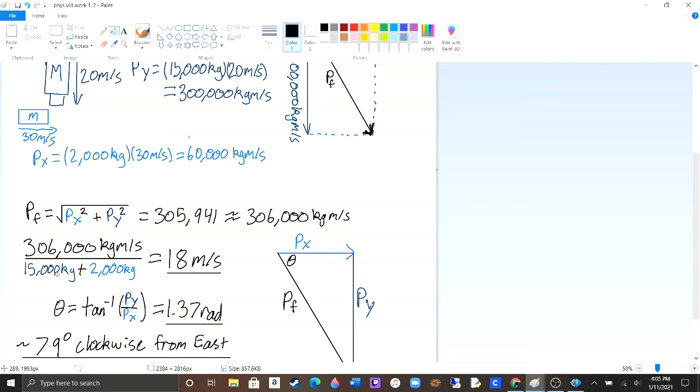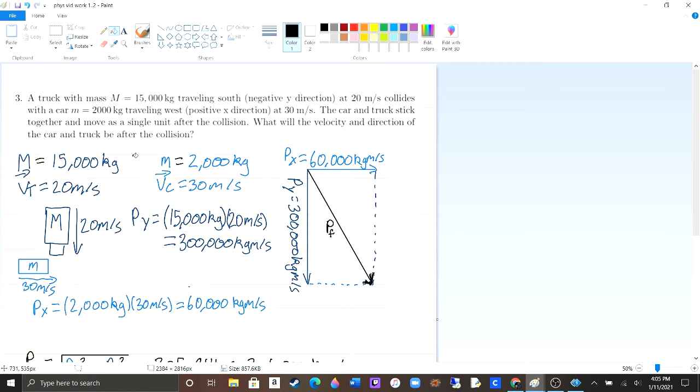And then you divide that by the two masses because they act as a single unit. So once they have collided, you have a single unit with both of the momenta, I believe is plural, I'm not sure. But anyways, they're acting as a single object with mass M plus m, and its momentum and direction is found just how we would do any other vector.